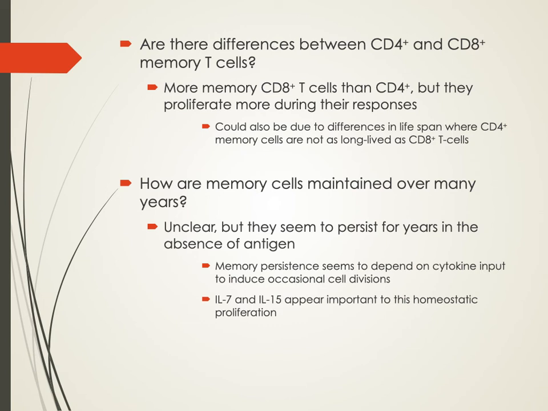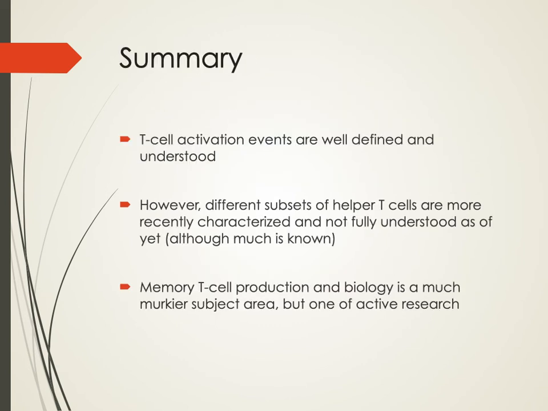So this is definitely an area that needs further research to understand how many cell divisions they can undergo, and what cytokines are important to bring them out of the memory stage so that they start dividing. It does look like IL-7 and IL-15 are important in allowing proliferation to occur.